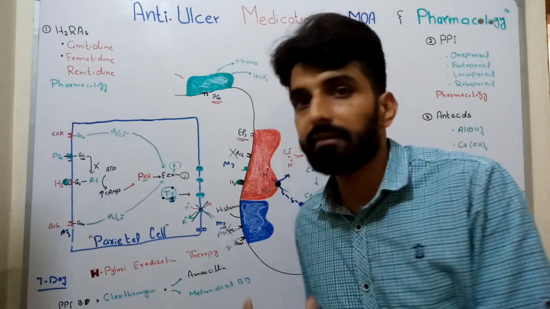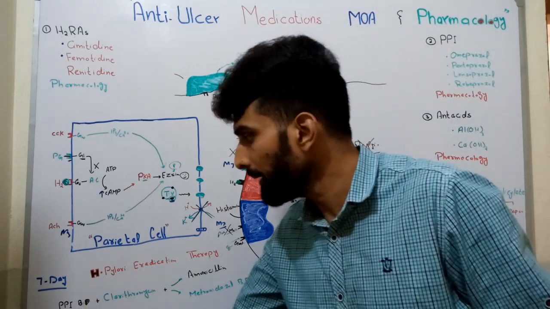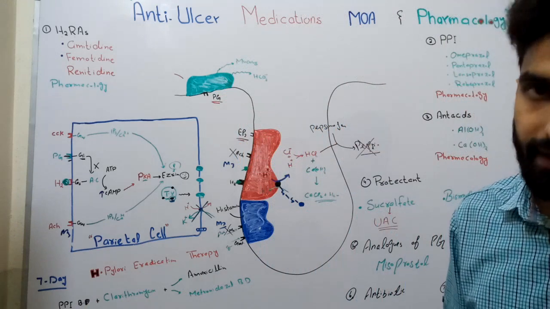This is called a triple therapy for the gastric ulcer, which includes one proton pump inhibitor and two antibiotics.